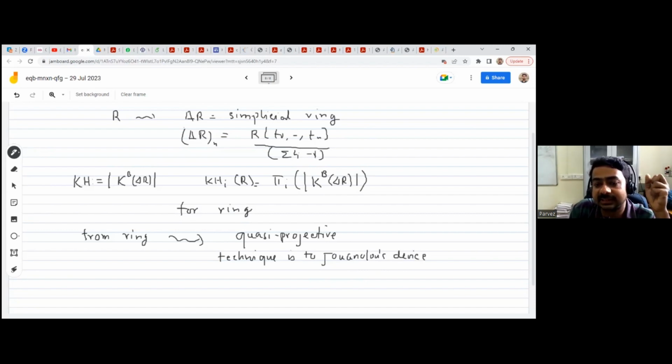So this is taking the affine vector bundle, and then you take the quasi-projective scheme, taking an affine cover. You can go there. But then after that, from quasi-projective schemes to general schemes, he is going.